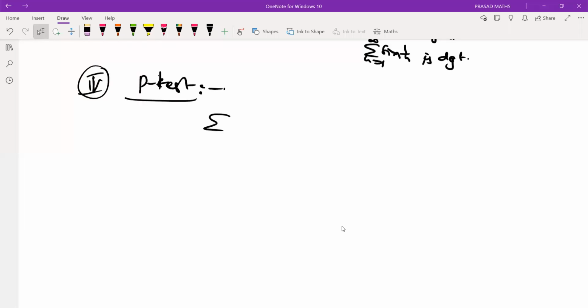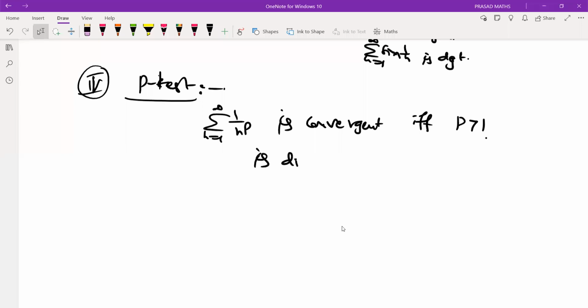Summation n equals 1 to infinity, 1 by n power p is convergent if and only if p is bigger than 1, and is divergent if and only if p is less than or equal to 1.